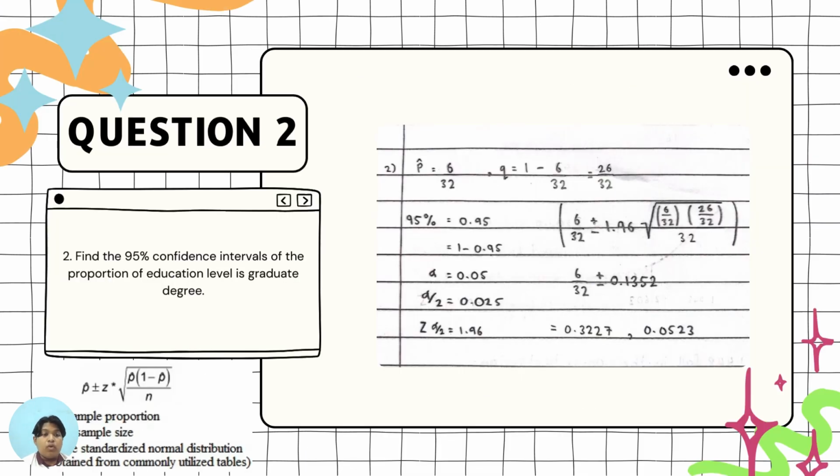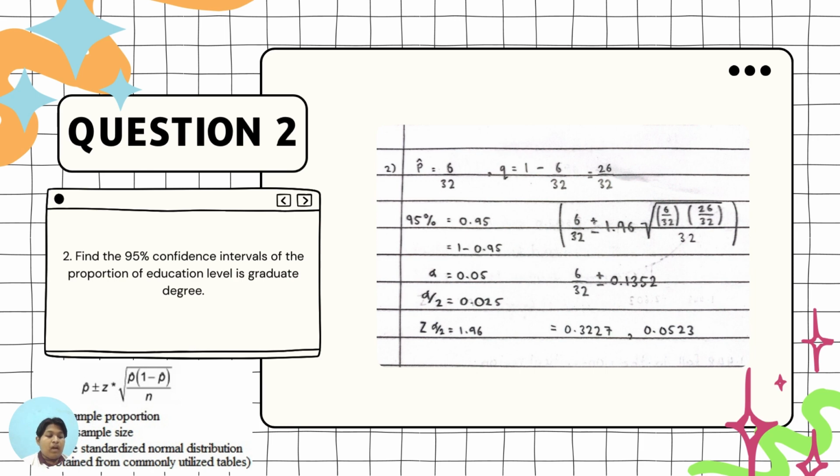For question number 2, find the 95% confidence intervals of the proportion of education level is graduate degree. So we use the formula P cap equal to X over N. So let's look at the data. The P cap equal to 6 over 32, which is the number of data is 32. So Q equal to 1 minus P cap, which is 1 minus 6 over 32 equal to 26 over 32.